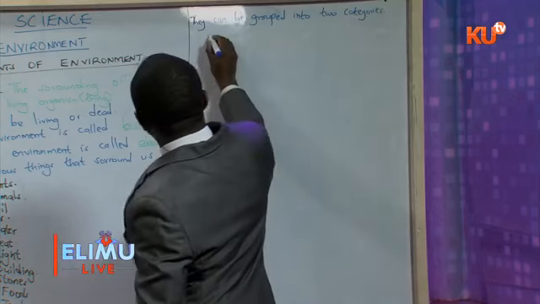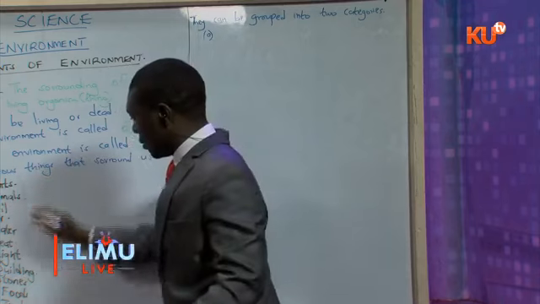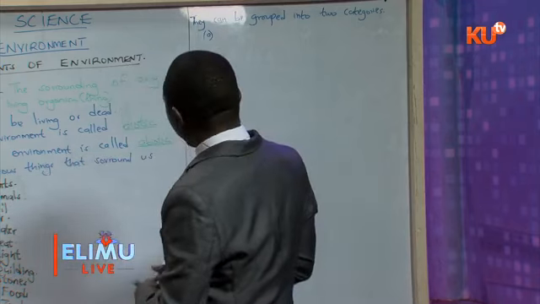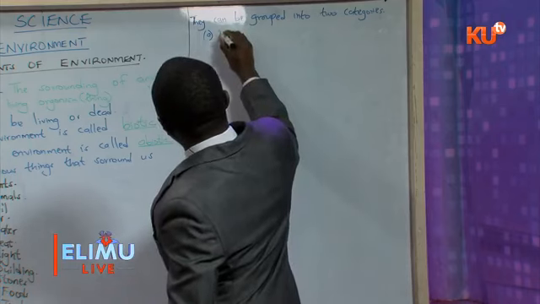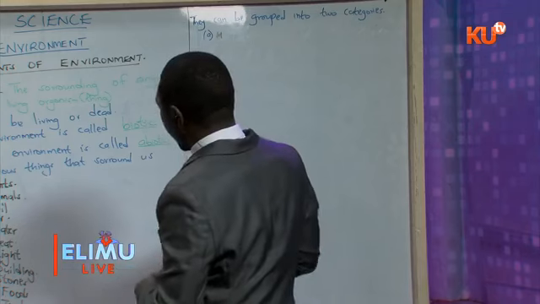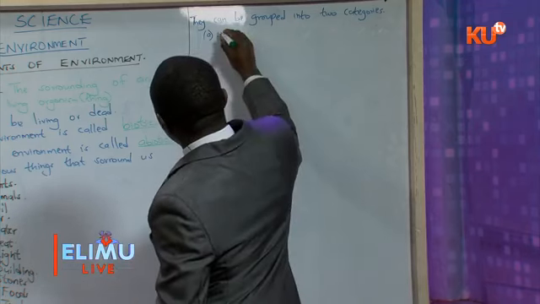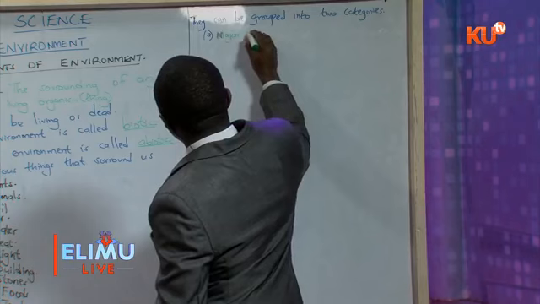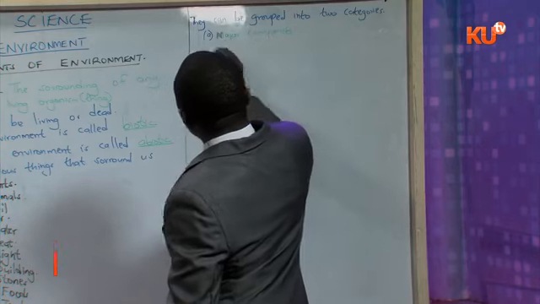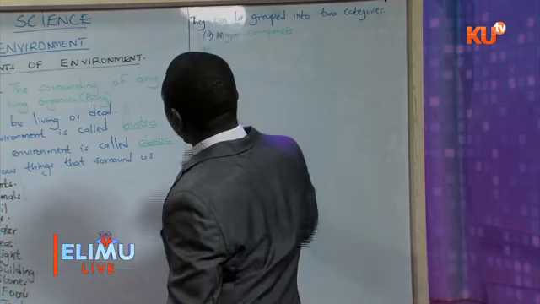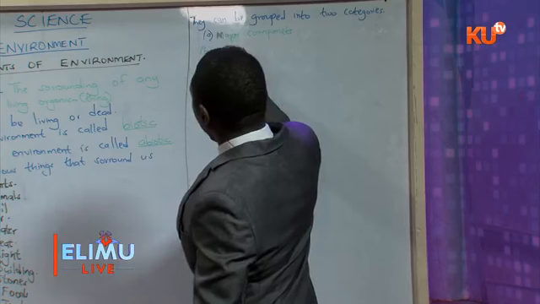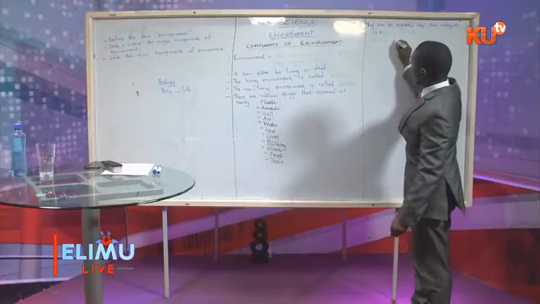The first category that they can be grouped into, we call the major components of environment. And then the second category that they can be grouped into, these ones that I have highlighted here, we have the minor components of environment.